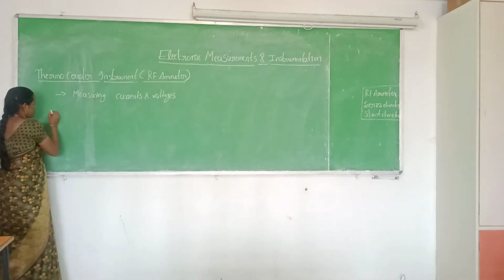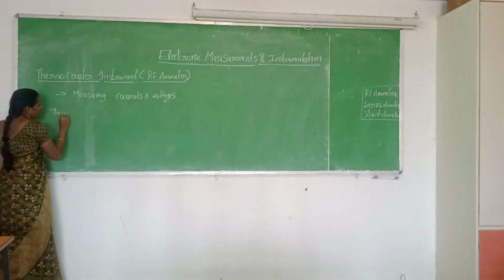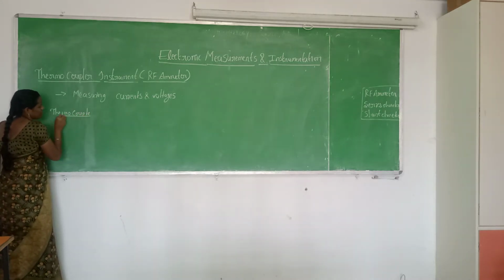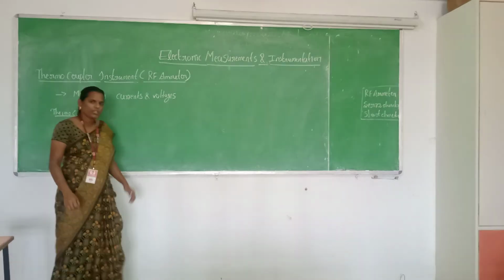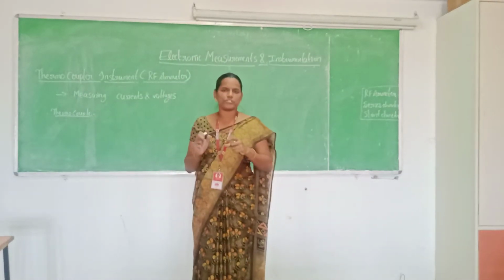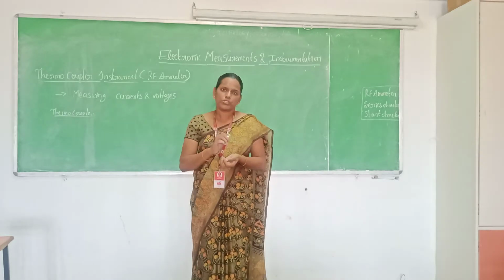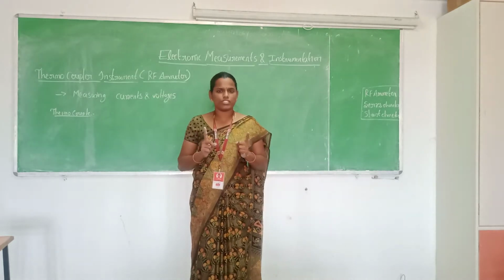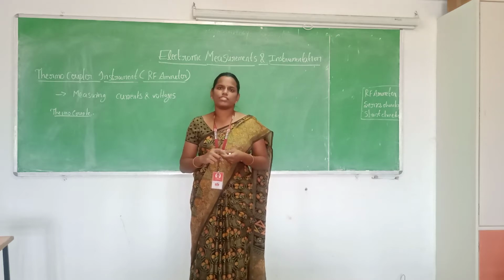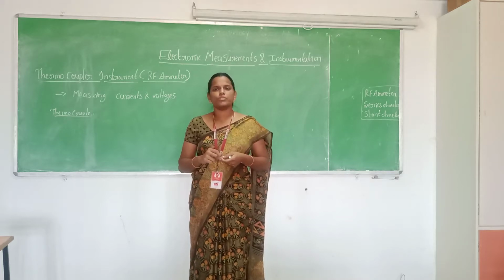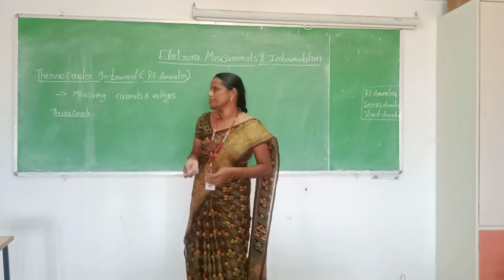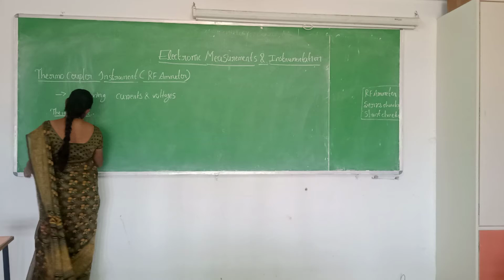So what is the thermocouple? The thermocouple principle says that when we take two dissimilar metals and make a contact of the two dissimilar metals, I am joining the two dissimilar metals at two different points. So now there are two junctions, junction A and junction B. Let us consider a wire.